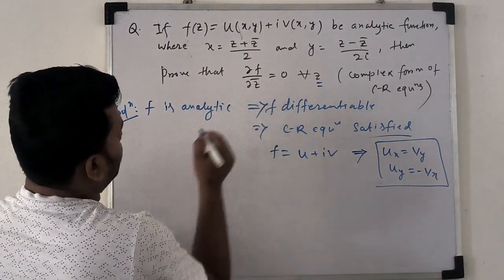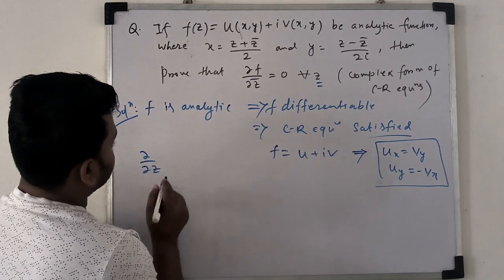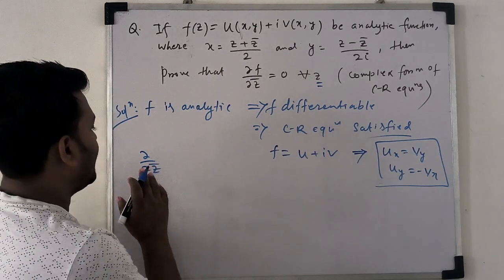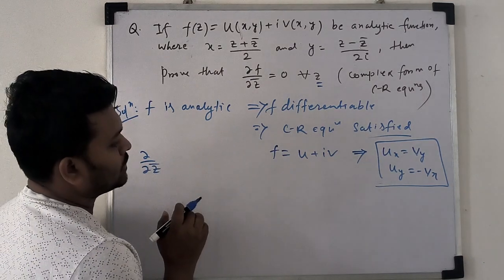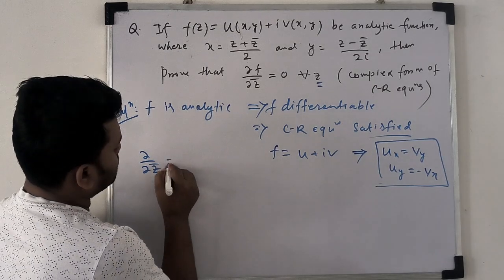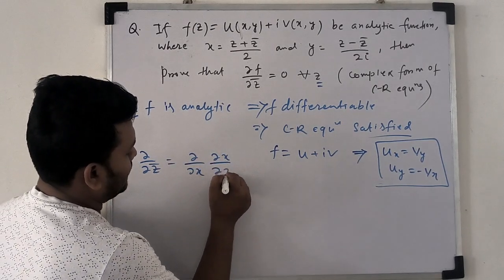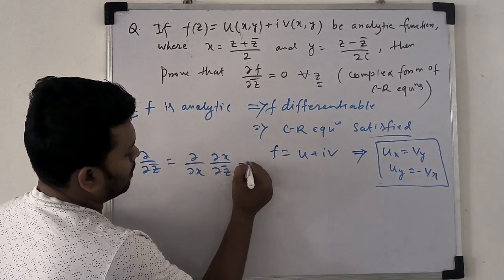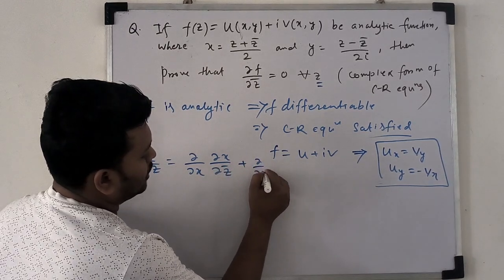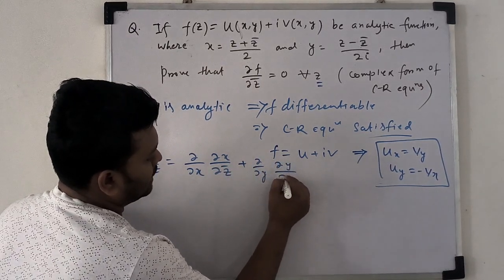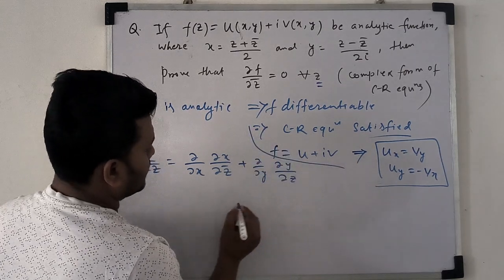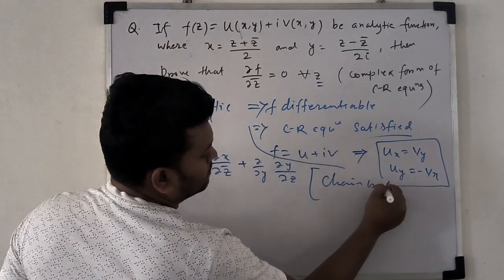Now we have to get this operator ∂/∂z̄. This operator is nothing but ∂x/∂z̄ times ∂/∂x plus ∂y/∂z̄ times ∂/∂y. This is the chain rule.